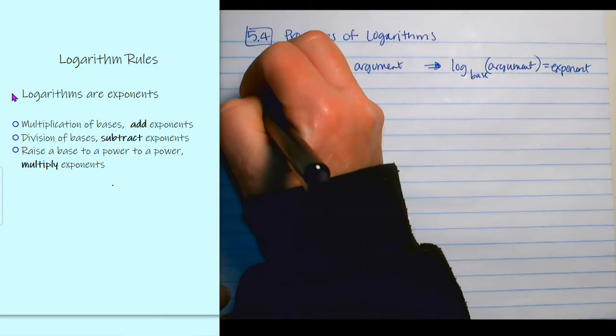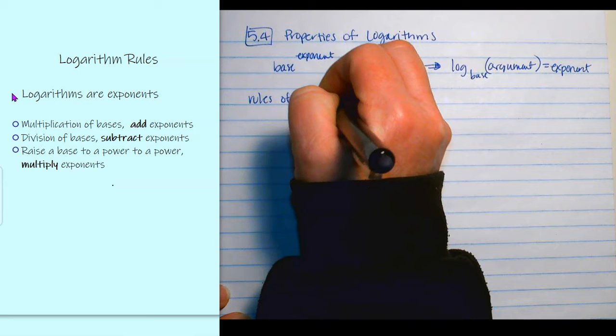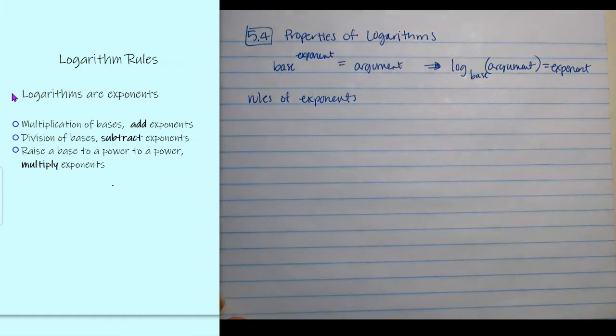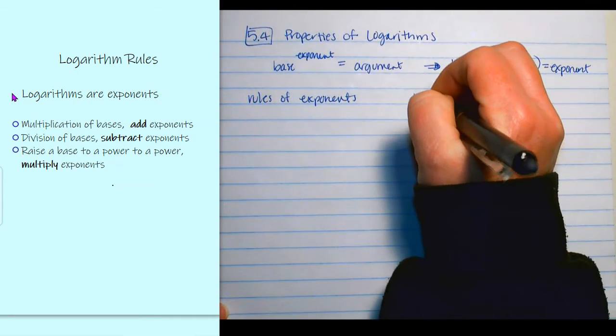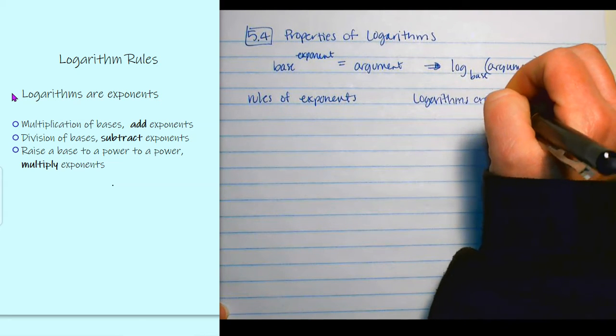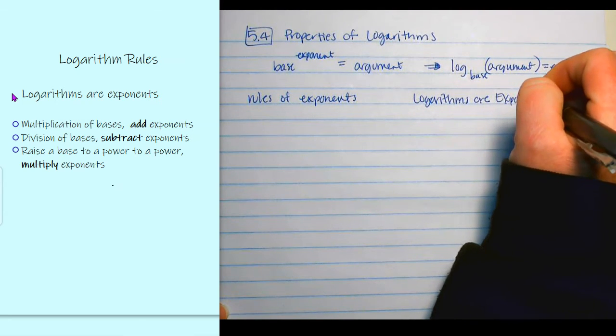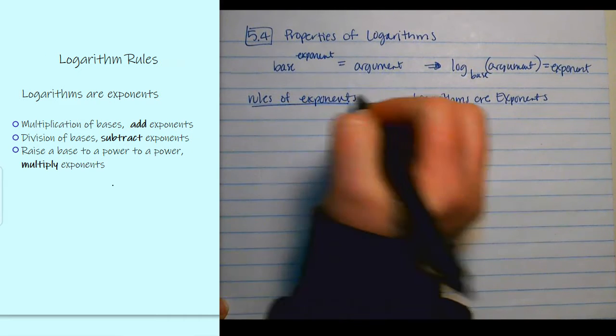We're going to do rules of exponents and apply them to logarithms, since logarithms are exponents. So I have that written on the left-hand side already, but let's go through some actual examples so you know what I'm talking about. So rules of exponents.